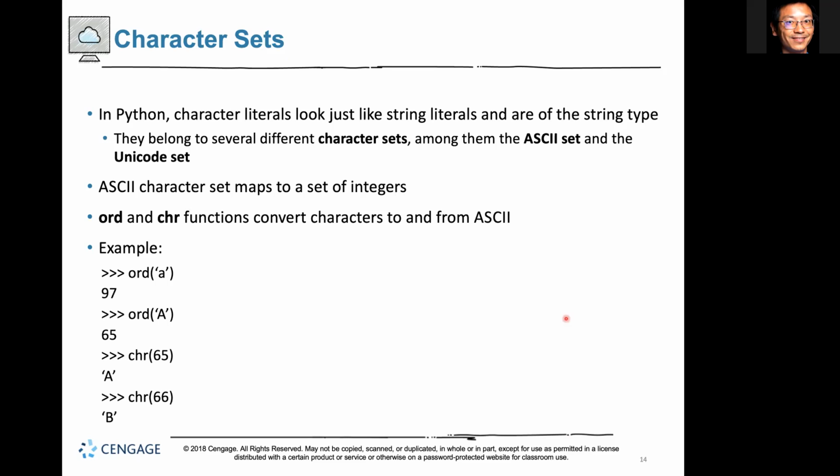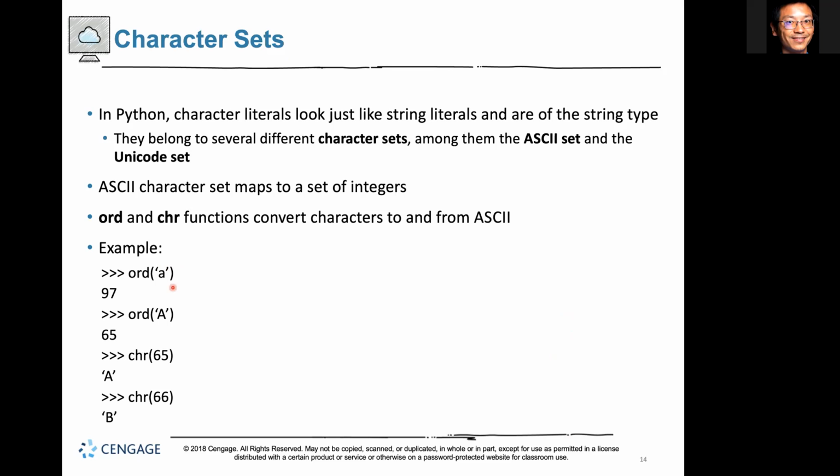And the character literals look just like the string literals. In Python, there's not a whole huge differentiation. You can use single quote or double quote. It contains just a single character.